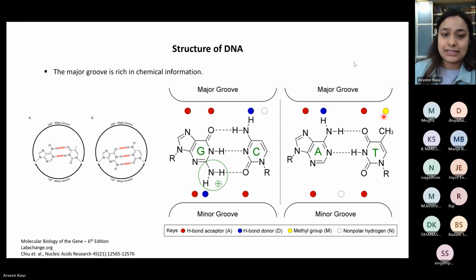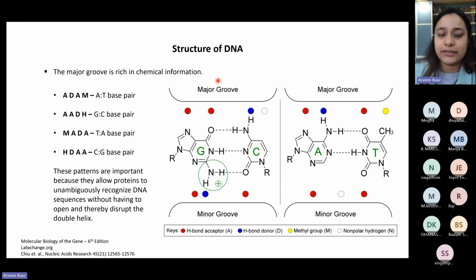So this is the chemical information that this major groove is actually holding. As we discussed, if AT base pairing is there, then ADAM is the signature. AADH is the signature present when G is bonded to C, right?